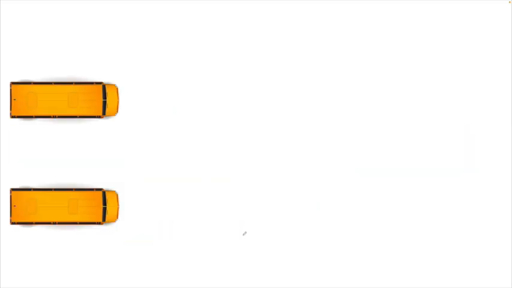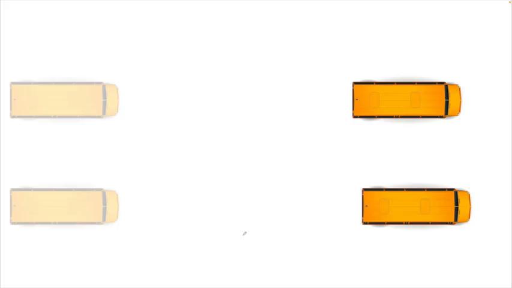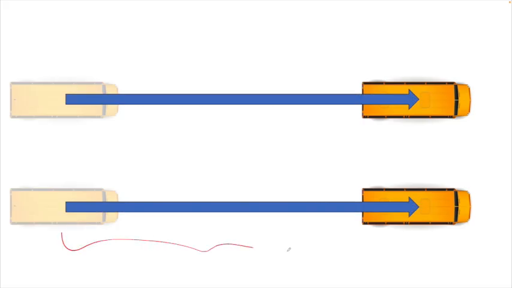Now let's consider there are two buses. Each bus takes a different time to reach from start to end. So the distance is still 3 meters, but this bus takes 5 seconds to travel. This bus takes 3 seconds to travel. The speed of this bus is 1 meter per second because it travels 3 meters in 3 seconds.